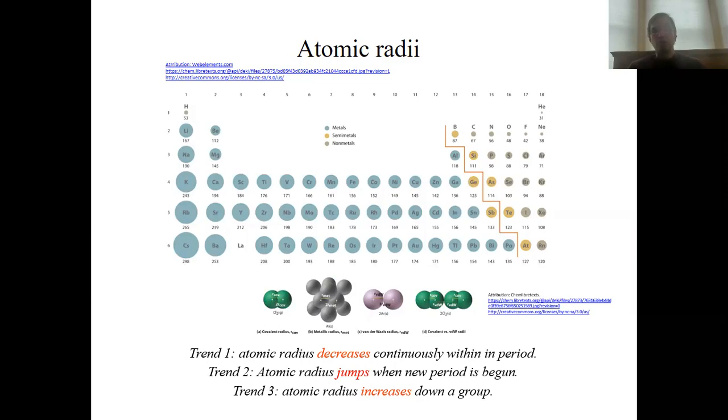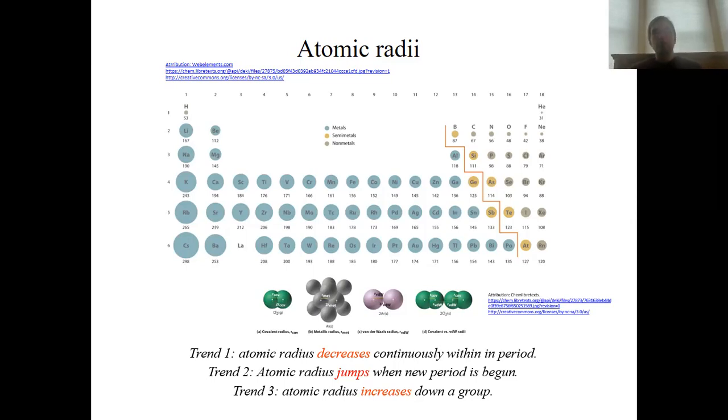Now as opposed to that, there is what is called the van der Waals radius. The van der Waals radius is the radius between two atoms in a solid, whereby there's no significant interaction other than van der Waals interactions between the atoms.